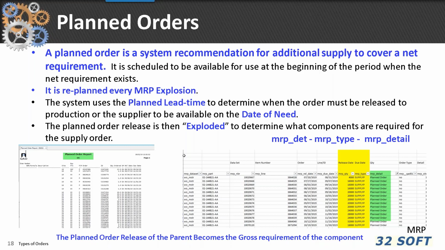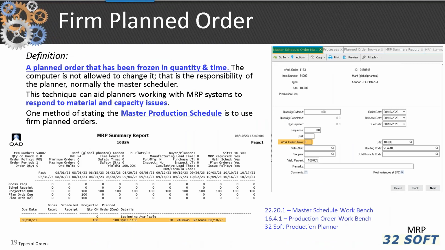Firm planned orders are planned orders that are frozen in time. Computer is not allowed to change a firm planned order. It is the responsibility of a planner, normally a master scheduler. It's the human being overriding the normal logic of material requirements planning for a single planned order.